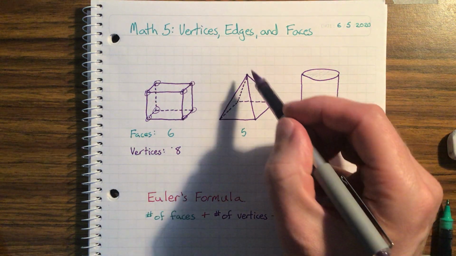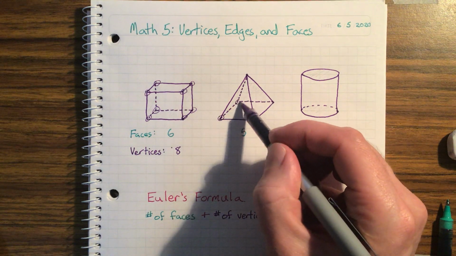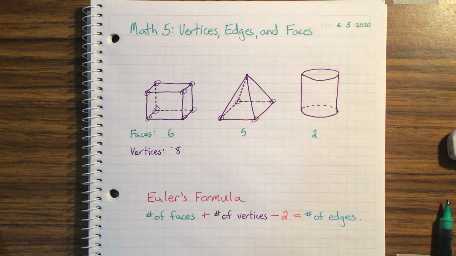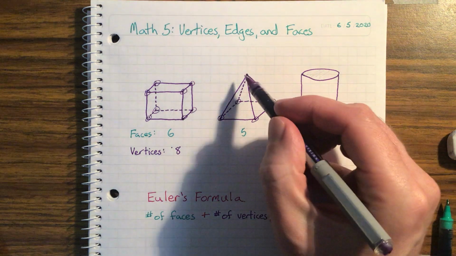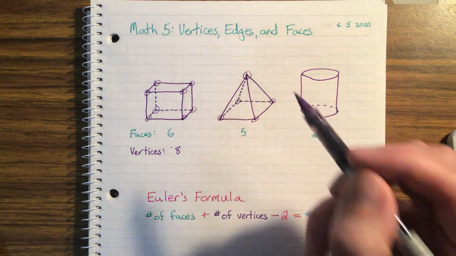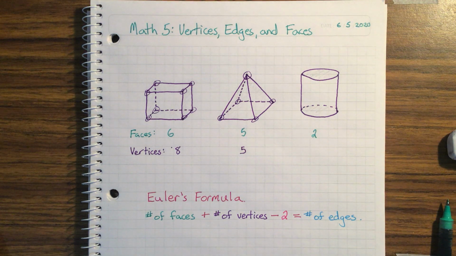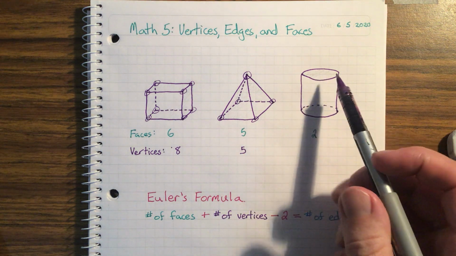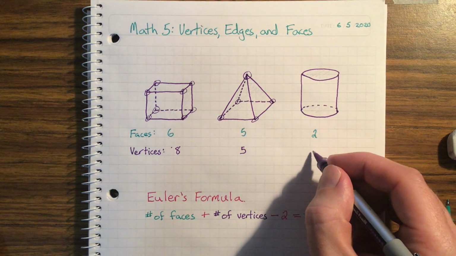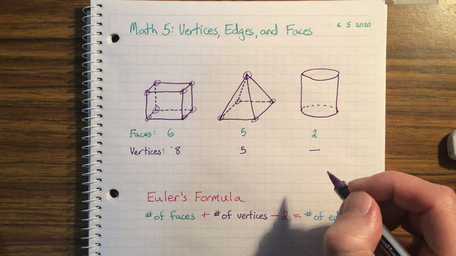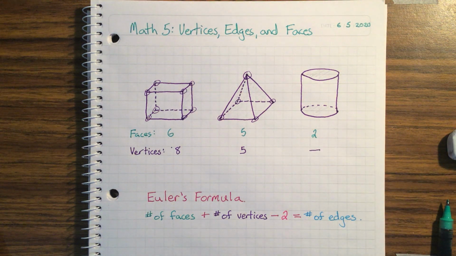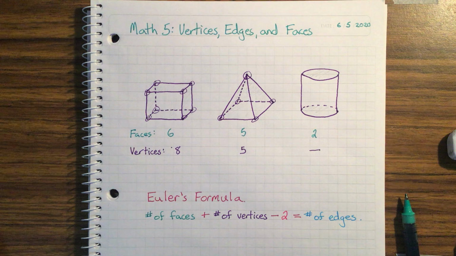In our square-based pyramid, we have 1, 2, 3, 4, all along the bottom, along the base, and 1 at the top, for a total of 5. Notice that a pyramid has fewer vertices than a prism. In our cylinder, there aren't really any vertices at all. There are no points. A cylinder doesn't really count the same.